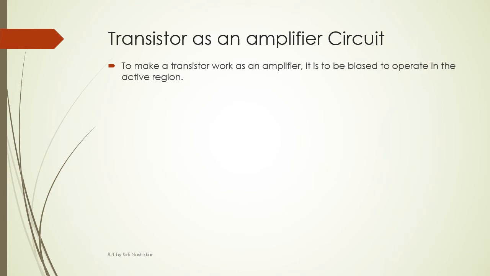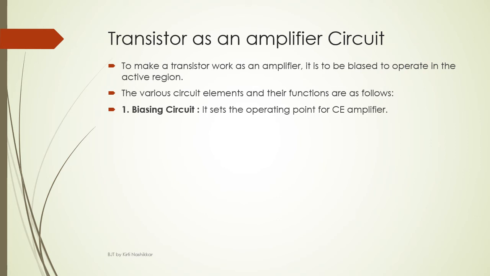So for making the transistor an amplifier, it is to be biased in the active region. That means its input section must be in the forward bias mode and output section must be in the reverse bias mode. So the various circuit elements, as I told you, are the basic four parts of this circuit. First is the biasing circuit, that is the potential divider bias, and we already know it stabilizes or sets the operating point of the CE amplifier.